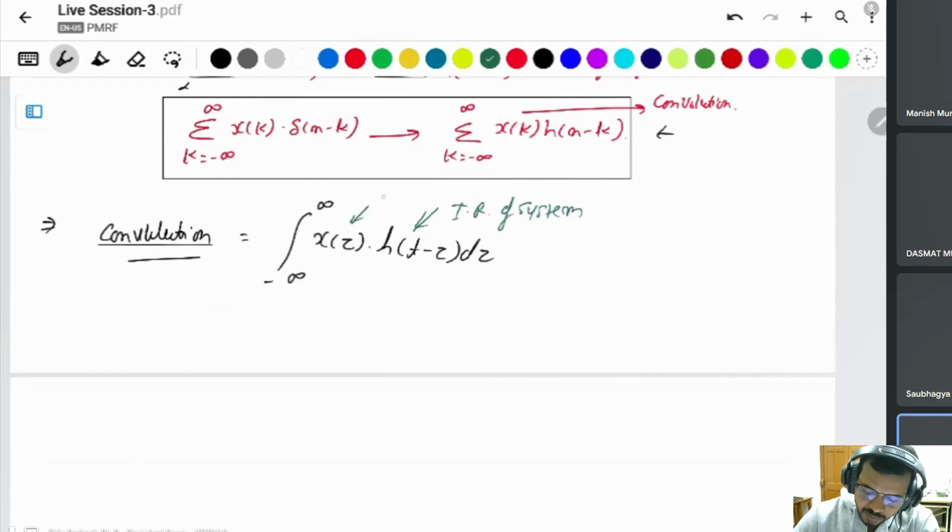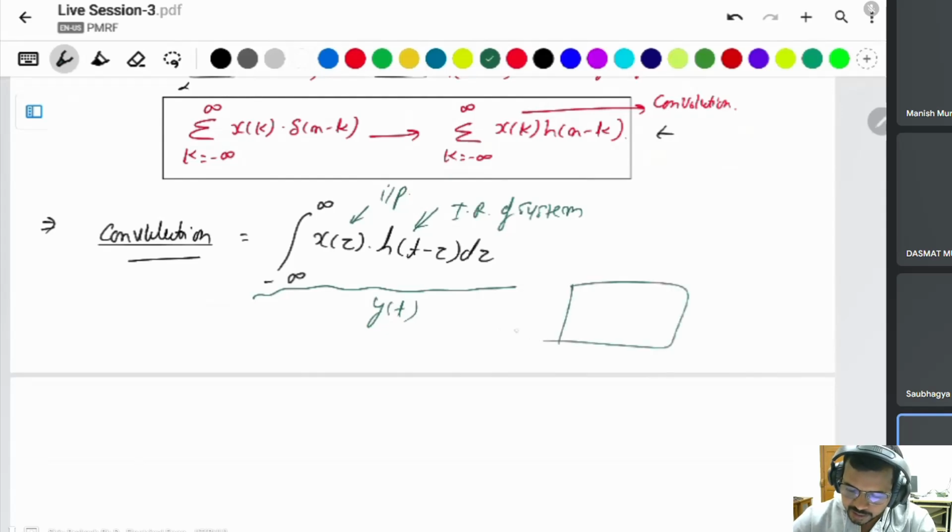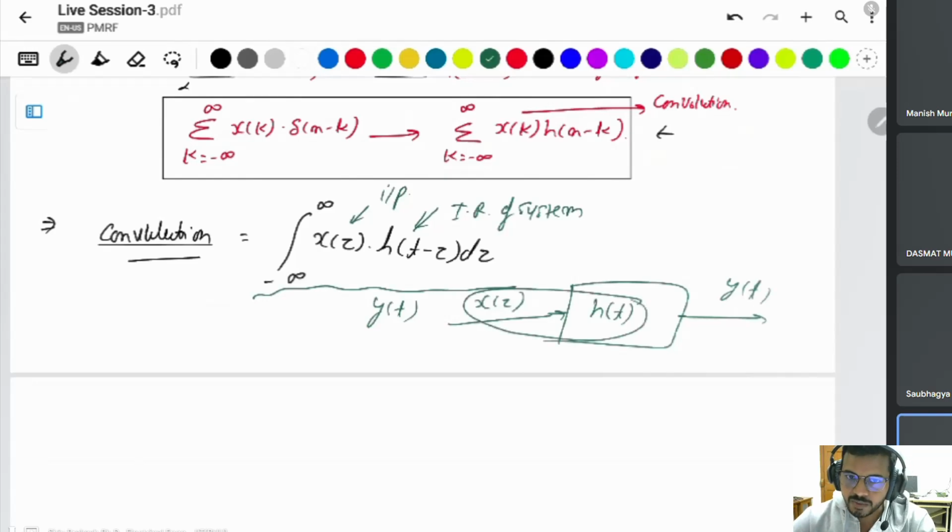This is the input. If you process the whole thing, then you will get the output. Same thing like that. This is the input, this is the system, and this is the output. Input and system have some convolution, and after that we will get the output.